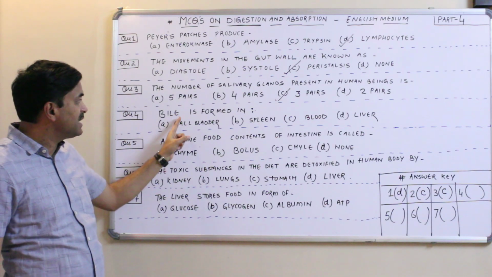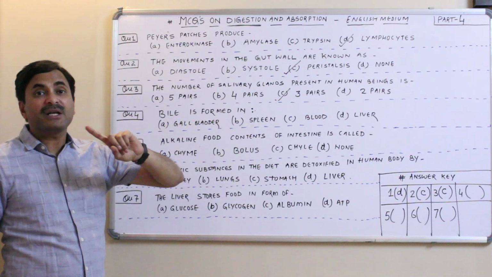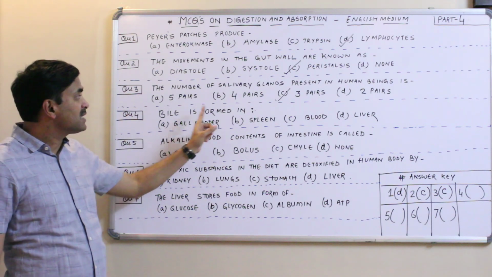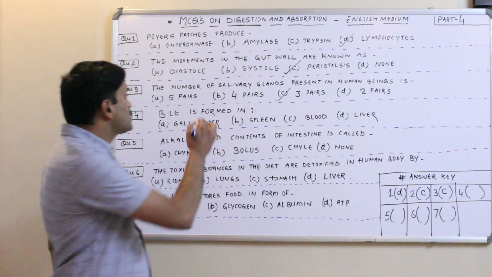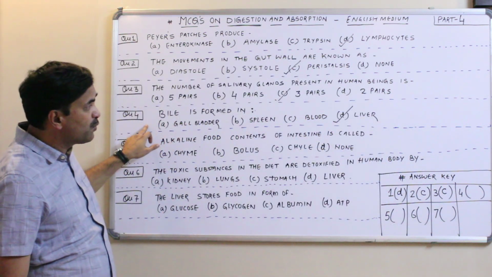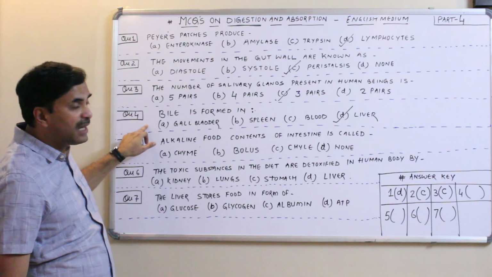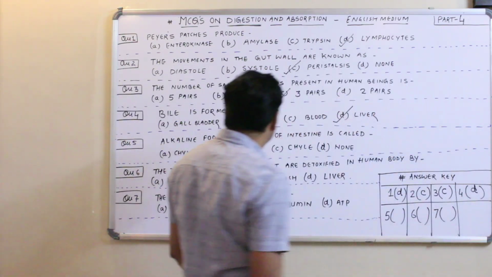The question is asking that bile is formed in, it is not asking where it is stored. So bile is always formed in the liver. So question number 4 has the answer D, that is liver.